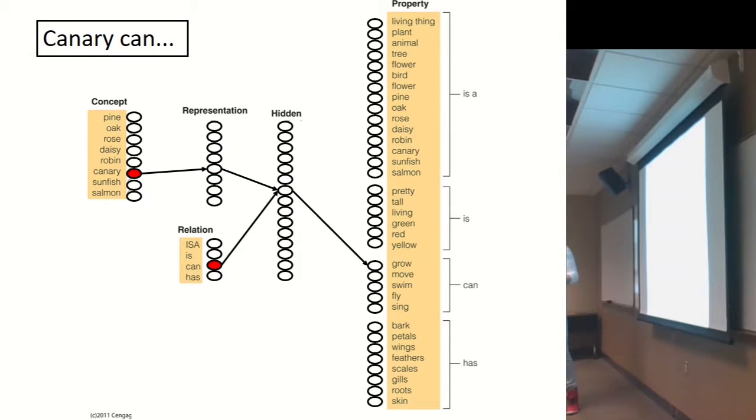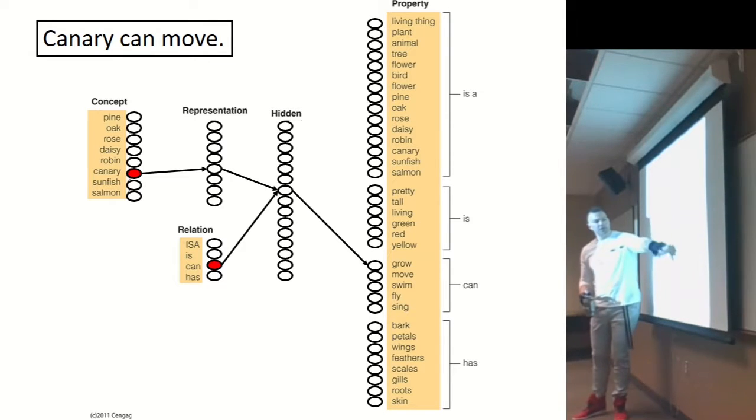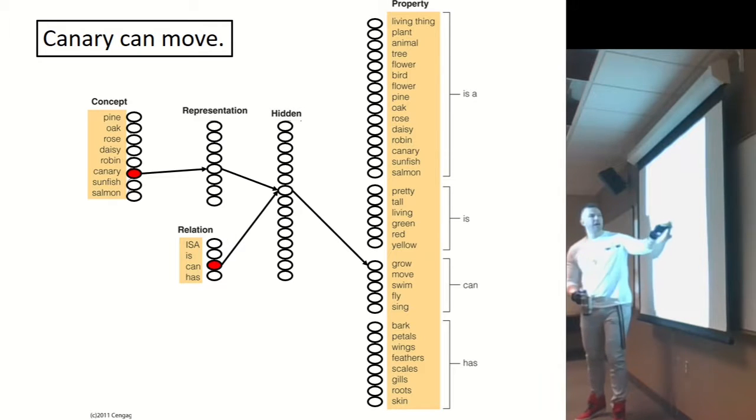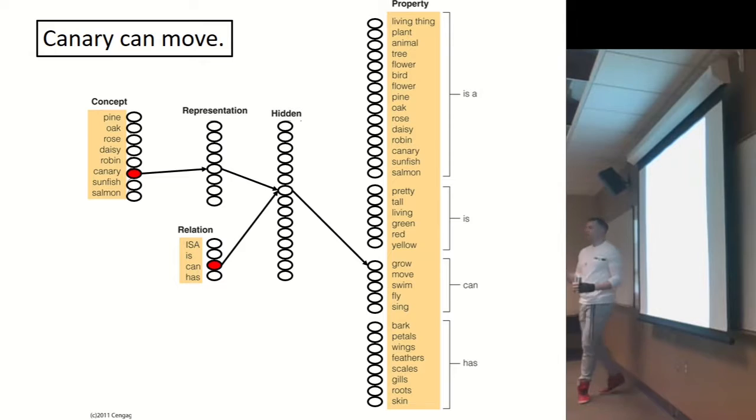What about a canary can do other things, such as a canary can move? Well, in that case, we already have these connections here, that a canary can, representation, hidden line, go to grow. A canary can, hidden units, go to grow. But now we also have to activate move, because we also know that about canaries. Canaries can move. So we want to activate move as well.